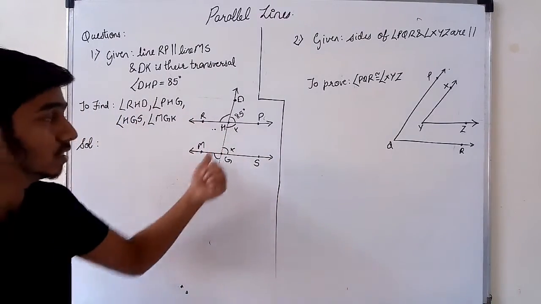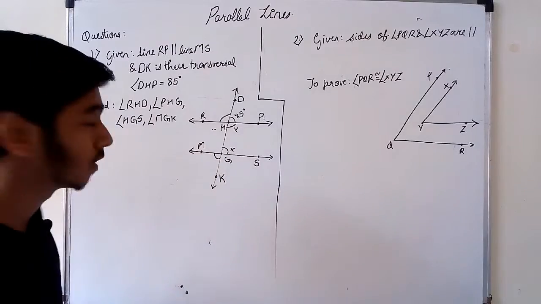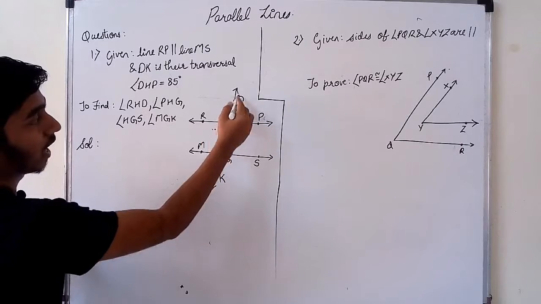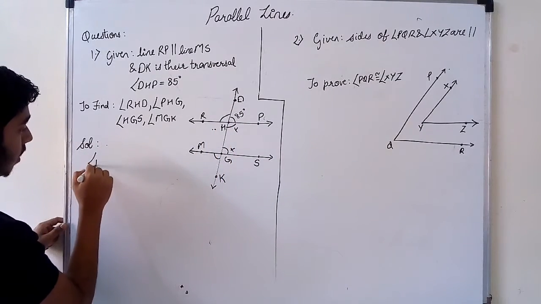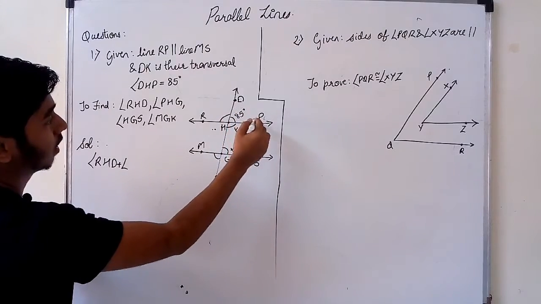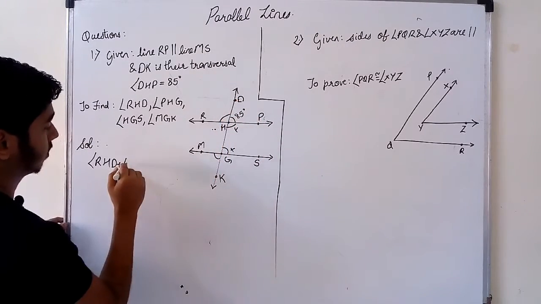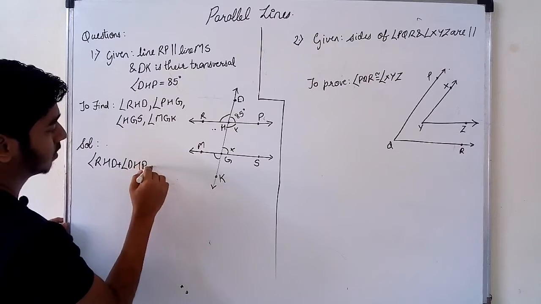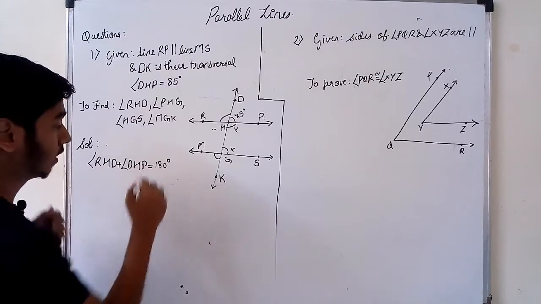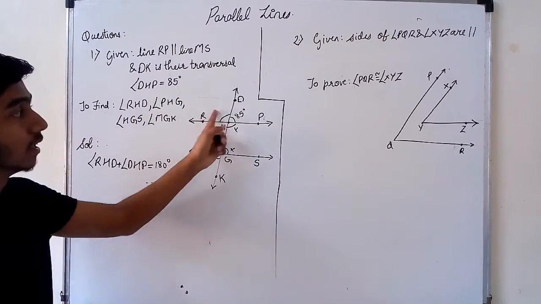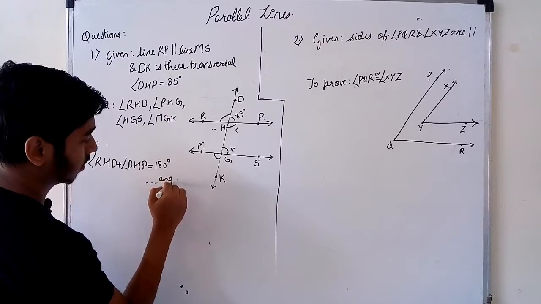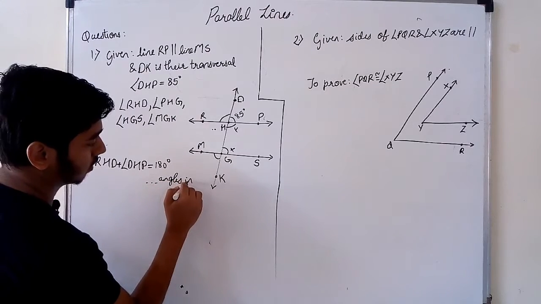Let's solve them. We need to find RHD. Now we'll say angle RHD plus angle DHP is equal to 180 degree, correct? The reason for this will be angles in linear pair.